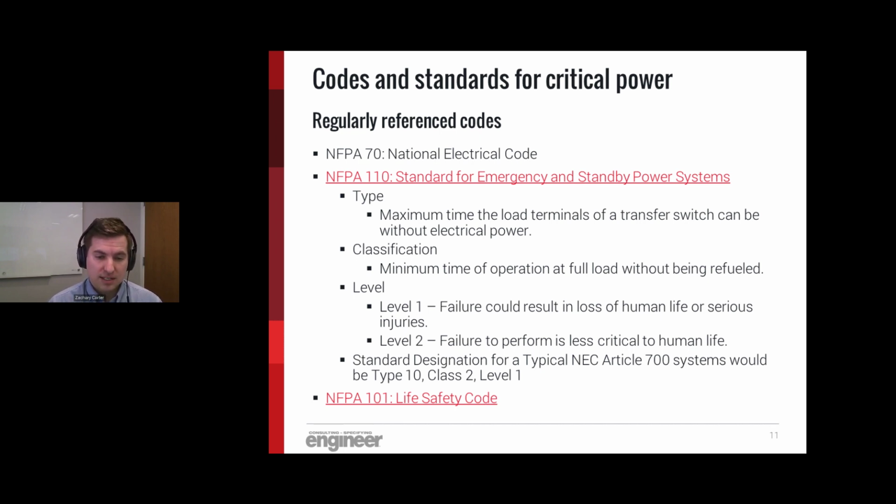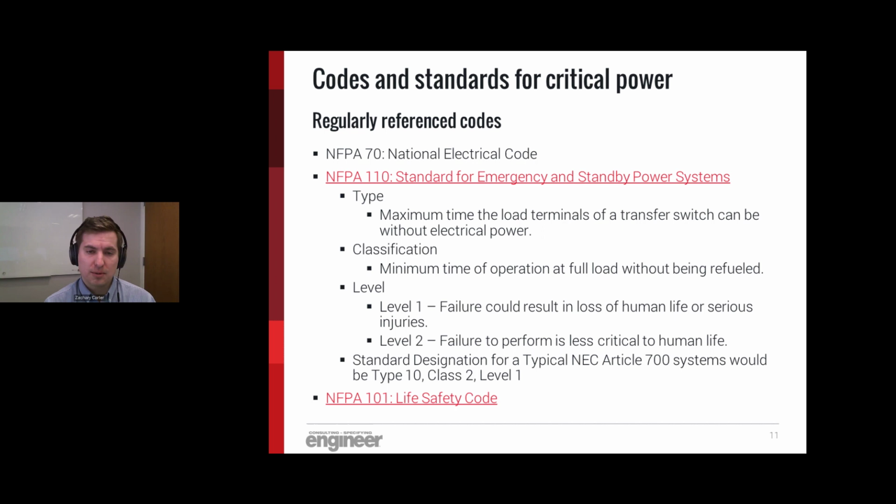A standard designation that I like to always give out there: if you look at NEC Article 700 and see what the minimum type, classification, and level would be for an Article 700 system, which we'll talk about in the next slide, it would be a Type 10, Class 2, Level 1 system. Type 10 means it comes on within 10 seconds and delivers power to the load terminals of the transfer switch.